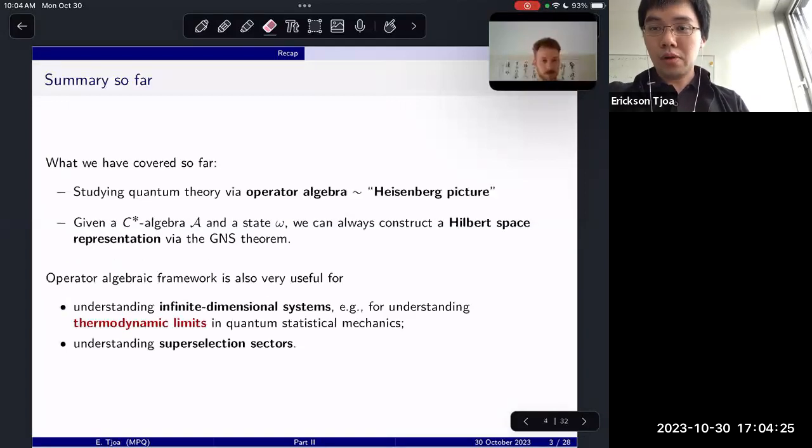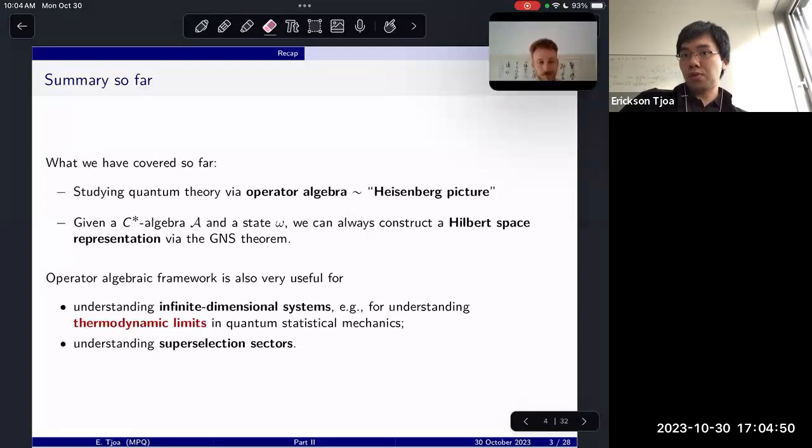We've already covered last week why we want to think about operator algebras. One thing is that it gave you a notion of Heisenberg picture, which most of us are familiar with, but more importantly, the GNS reconstruction theorem lets you recover the Hilbert space construction that we are familiar with. In particular, the Heisenberg picture way of doing things is much more useful when you are trying to deal with infinite systems, thermodynamic limits, or even the notion of superselection sectors.